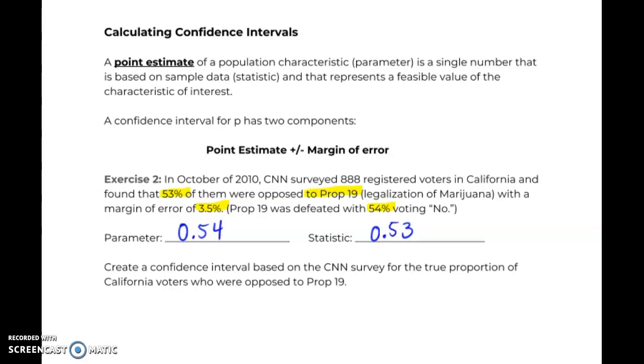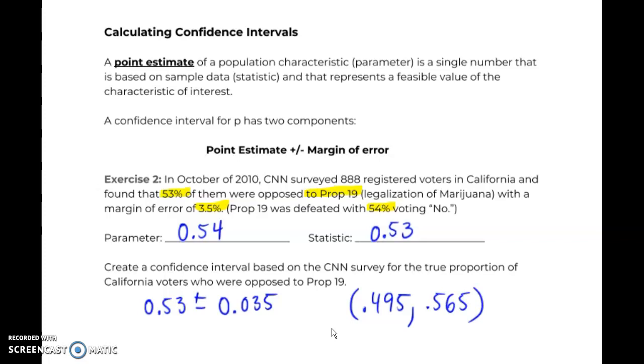Now, using the margin of error over here of 3.5%, we would come up with a confidence interval of 0.53 plus or minus 0.035. And oftentimes we write it in interval format. So 0.53 minus 0.035 is 0.495, and then 0.53 plus 0.035 is 0.565. So we're pretty confident after taking the sample that the true proportion is between 49.5% and 56.5%.